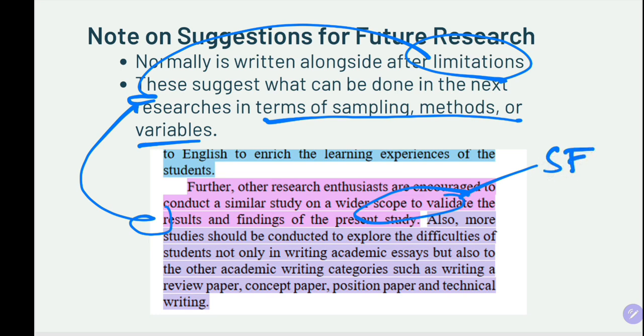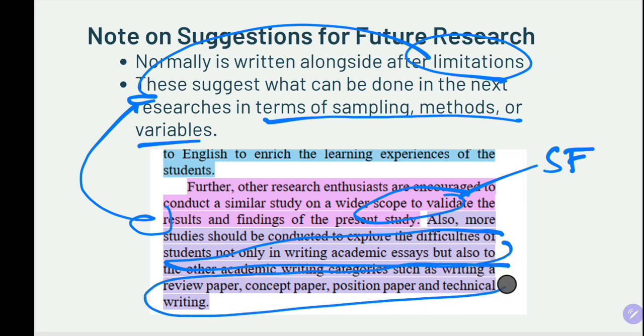And they're also suggesting that more studies should be conducted to explore the difficulties of students, not only in academic writing essays, but in other types of writing. Okay, so these are again suggestions for future researchers. Notice that they are not addressing, at least explicitly or directly, the stakeholders.